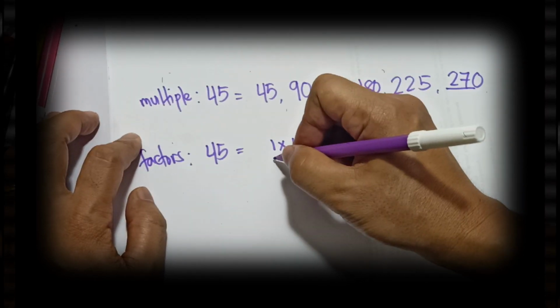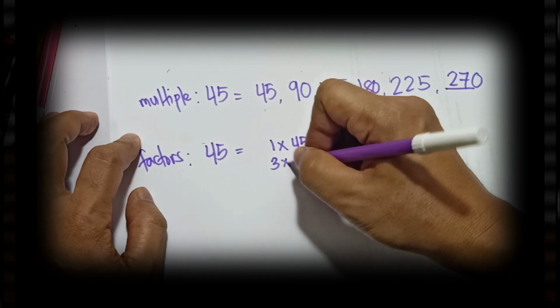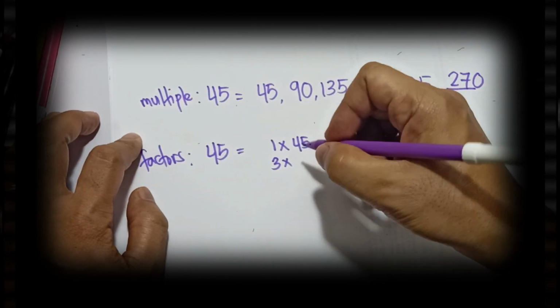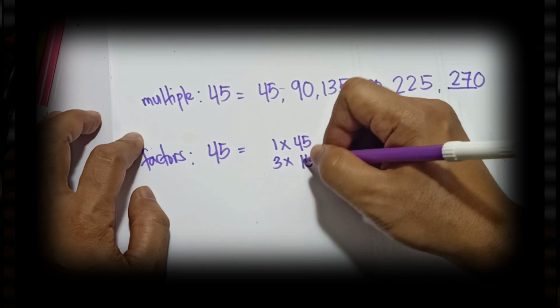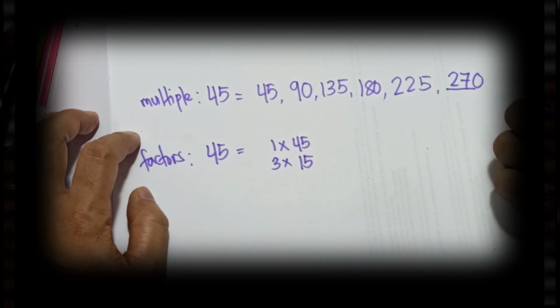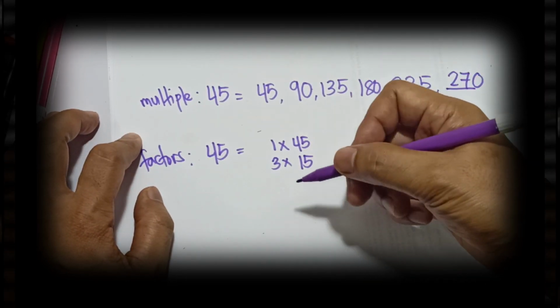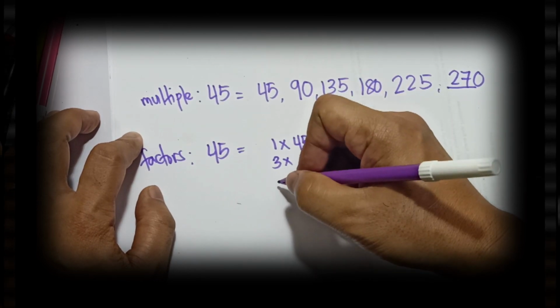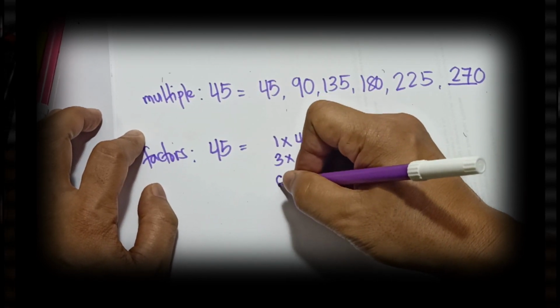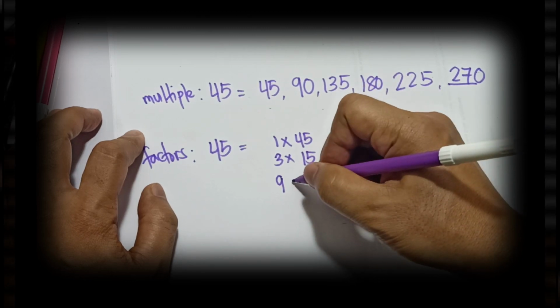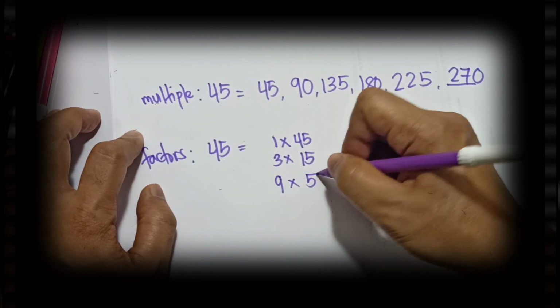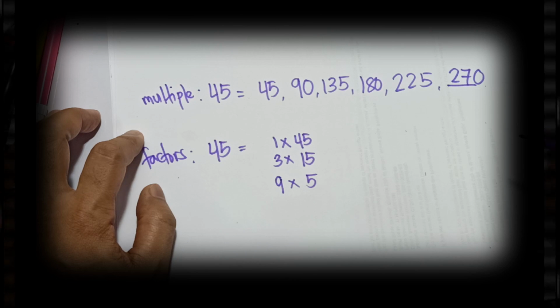We can multiply 3 times 15, right? 3 times 15, and then the next one is 9 times 5, or 5 times 9, right?